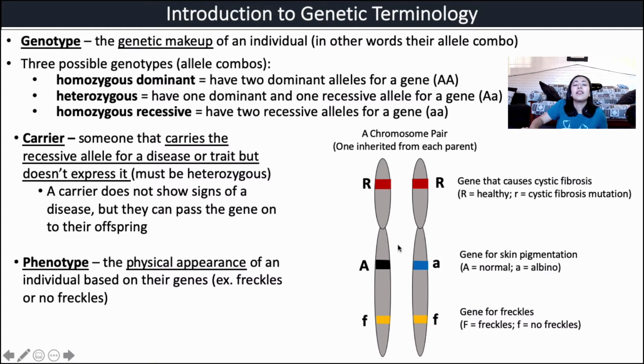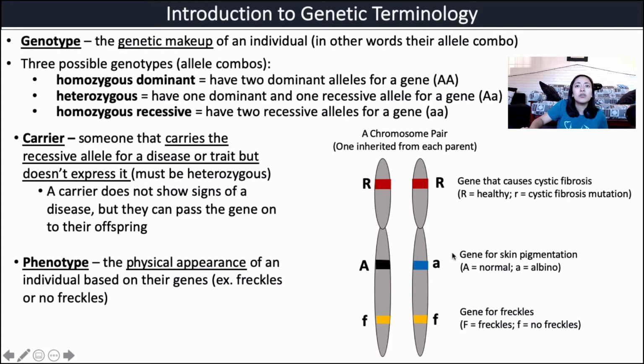Now let's look at the next gene. This is the gene for skin pigmentation. The dominant allele results in normal skin pigmentation, and the recessive allele would result in albinism. Well, this individual inherited a dominant allele from one parent and a recessive allele from the other parent.